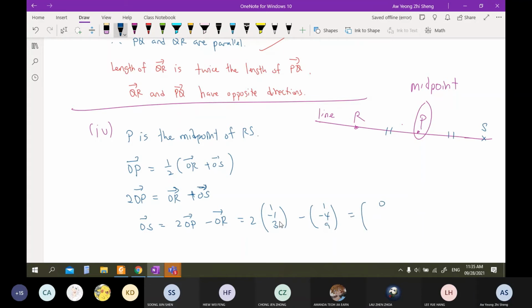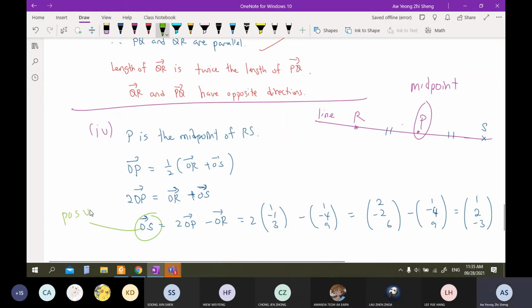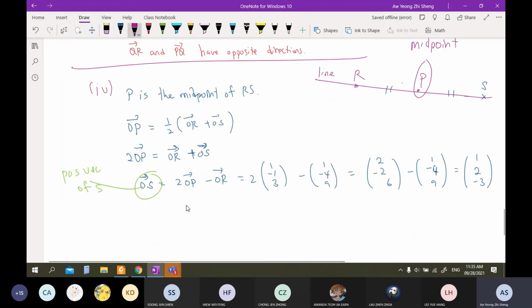You better do it slower to avoid careless mistakes. This is 2 minus 2, 6. This is the position vector. OS is the position vector of S. What they want is the coordinates, so you must convert your answer into coordinate form and mention the word coordinates.